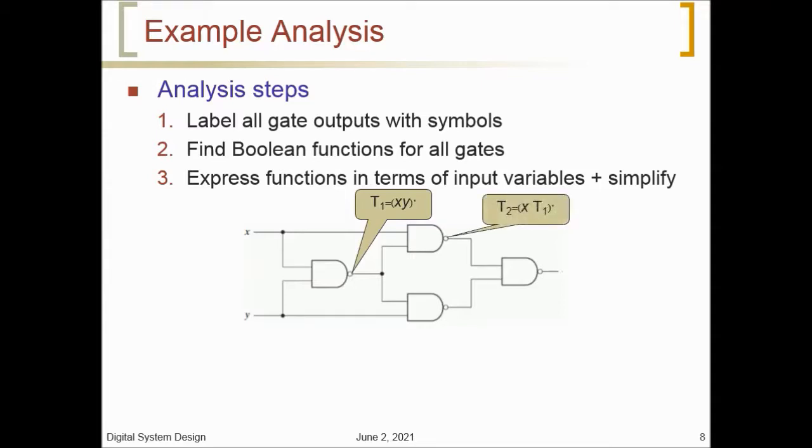Similarly, we label the outputs of the second stage NAND gates and we name them T2 and T3. T2 is produced by multiplying the X input with T1, the output of the first NAND gate, and similarly the output T3 of the second stage NAND gate is produced by multiplying the Y input with output T1 of the first stage NAND gate.